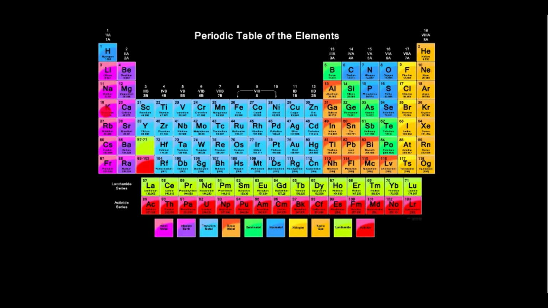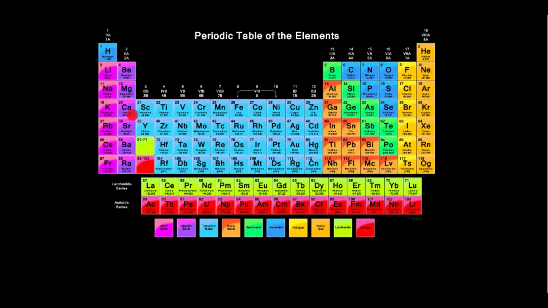Coming to the fourth period, in the fourth period, total elements are 1, 2, 3, 4, 5, 6, 7, 8, 9, 10, 11, 12, 13, 14, 15, 16, 17, 18. It means fourth period contains 18 elements.